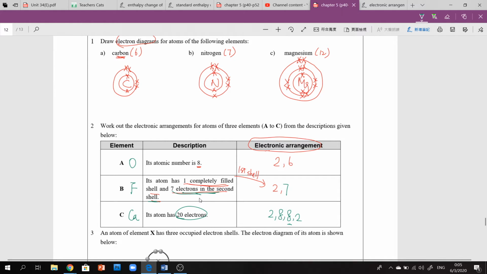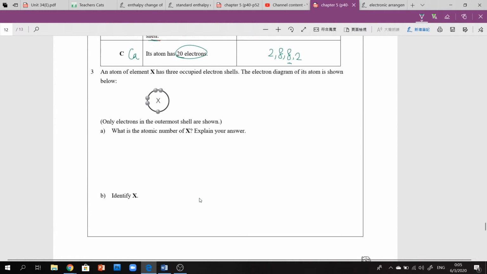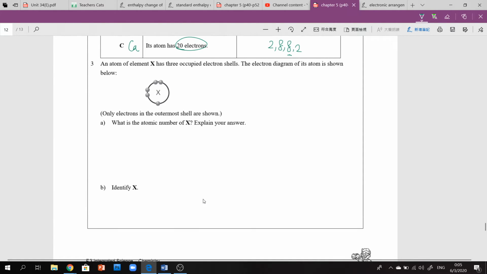Okay, is that clear? How about question 3? An atom of element X has 3 occupied electron shells. Remember the term occupied, which means 3 circles. The electron diagram of its atom is shown below. Well, quite strange. Only electrons in the outermost shell are shown, so the 2 circles in the middle are hidden.